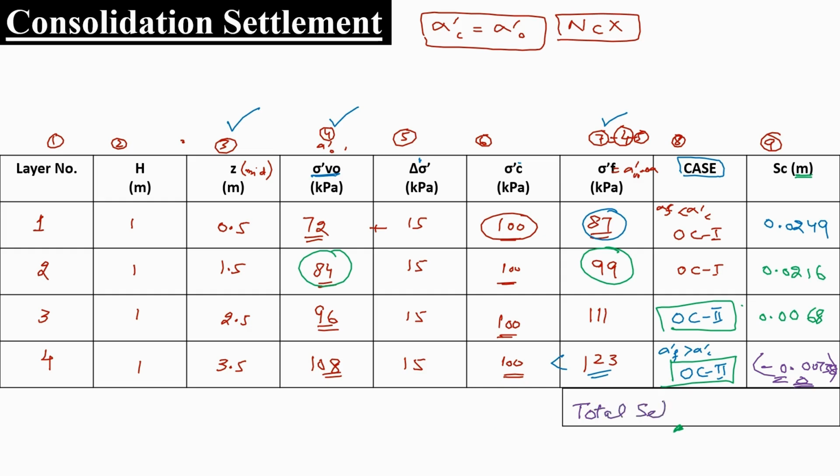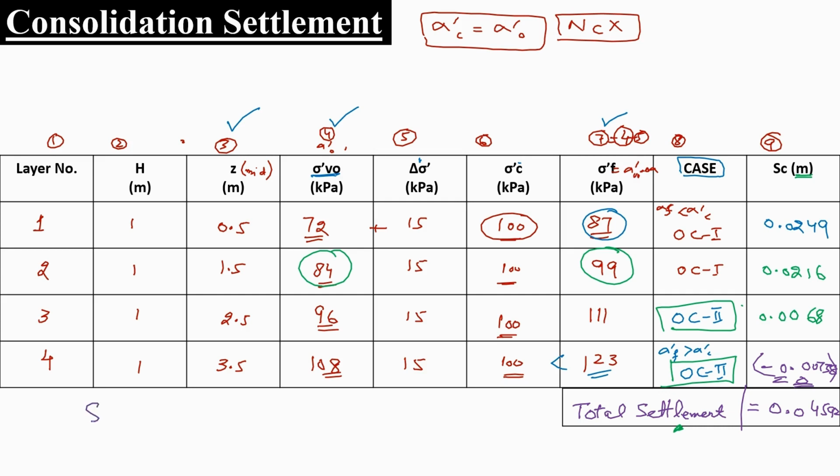So, what is the total primary consolidation settlement? You will add up all the values. Simple. First value 0.0249 plus second value 0.0216 plus third value 0.0068, and the value will be 0.04592 meters.